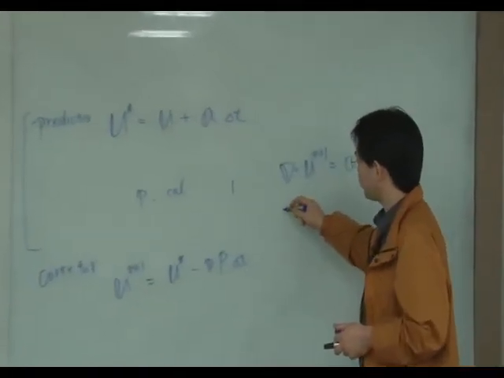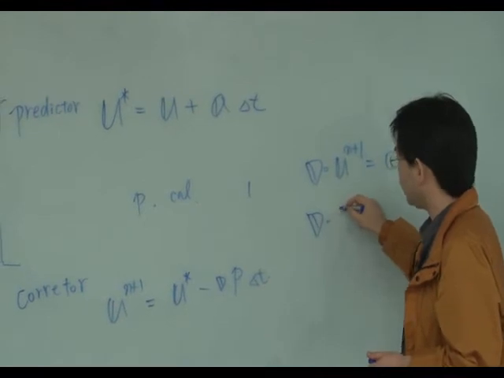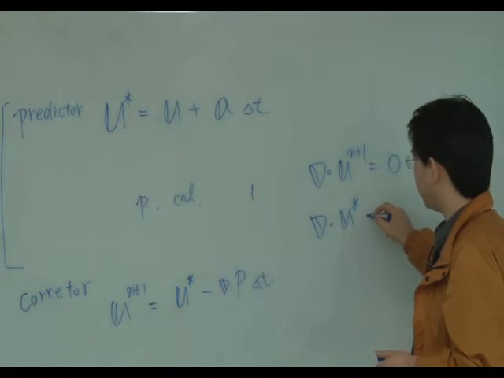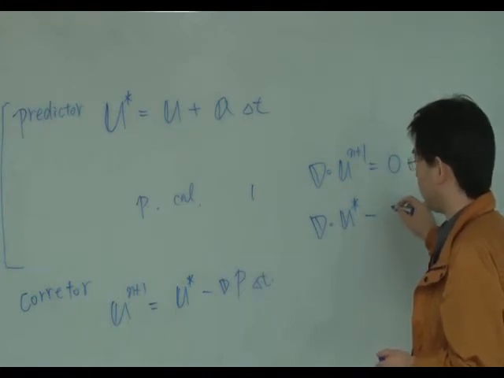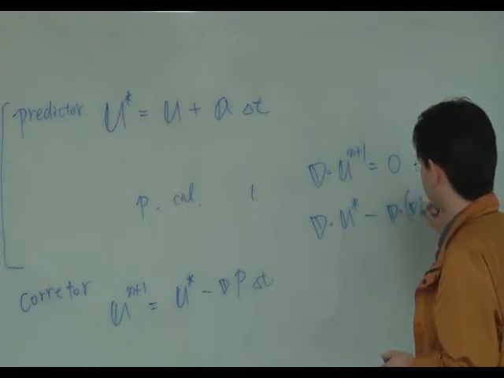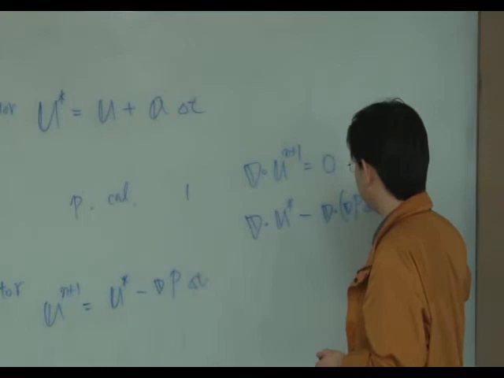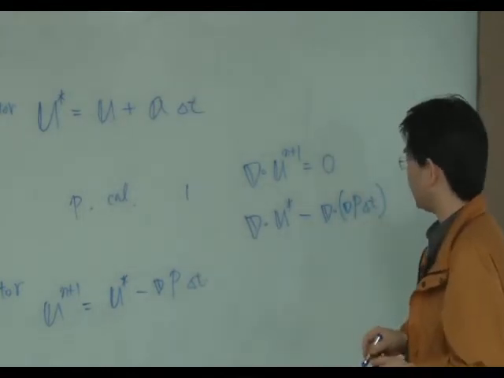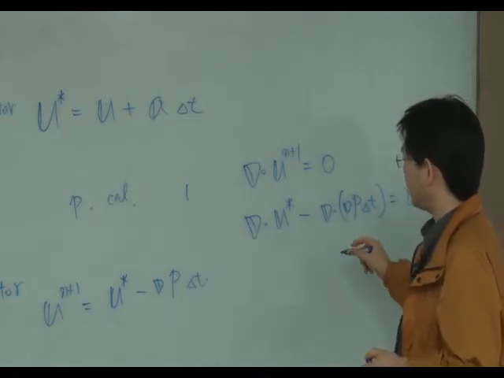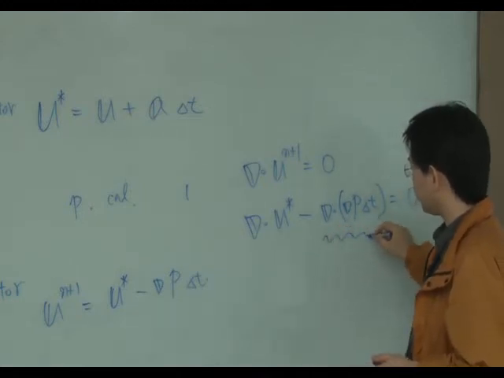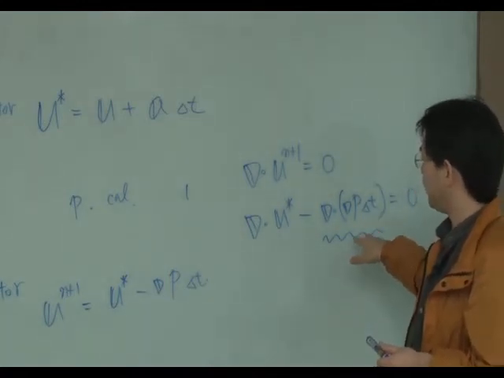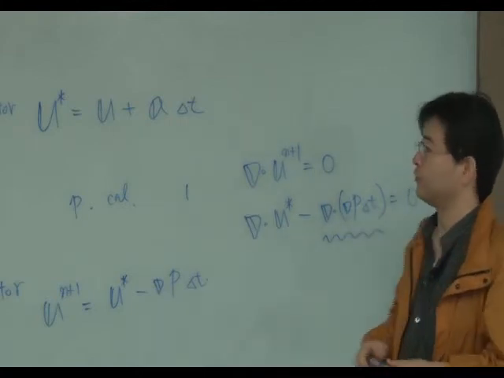So it indicates the divergence of the predictor velocity minus the divergence of the pressure gradient times the time increment is equal to 0. So we have to calculate the pressure distribution which satisfies this condition.